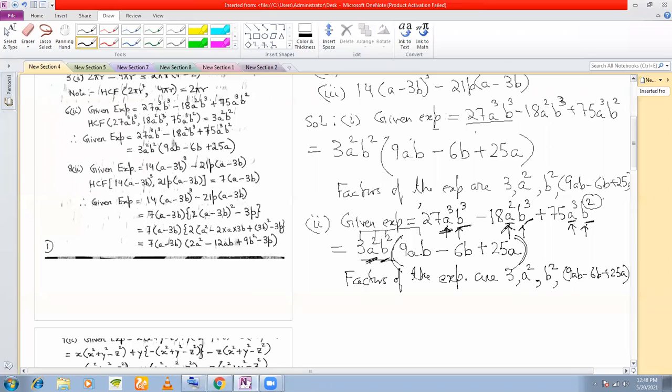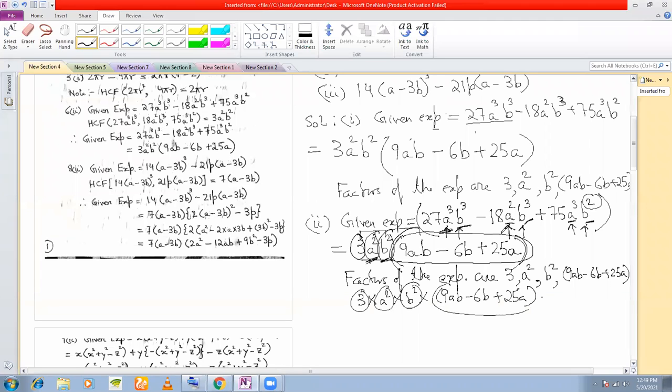This expression here, the factors of this expression are 3, a square, b square, and all this. Right? Because it's all multiplication, right? 3 into a square into b square into 9ab minus 6b plus 25a, isn't it? So therefore, what are the factors? This is one factor, another factor, third factor, and finally the fourth factor. Clear?